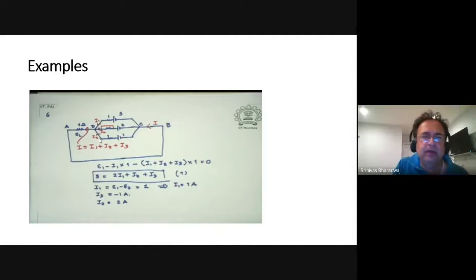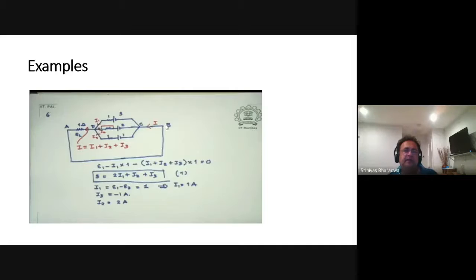So for this one, E1 minus I1 times 1. He's written it the other way: E1 minus I1 times 1 minus I1 plus I2 plus I3 times 1 equals 0.